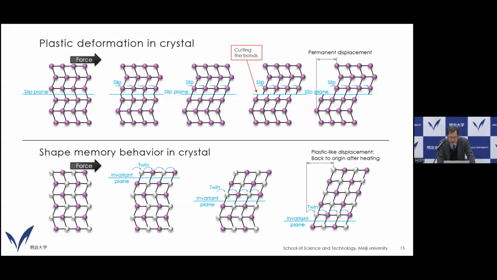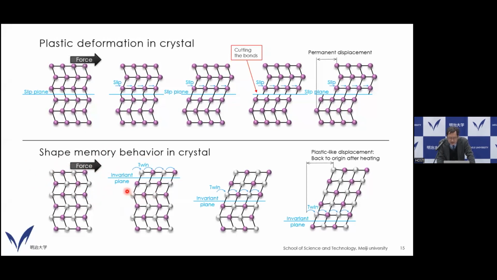The lower figure shows the plastic-like deformation in shape memory alloy. The crystal consists of two kinds of elements. We apply the shear force, then the atoms move like this. More force in the same direction. However, the atoms do not move further along the line of the former movement.